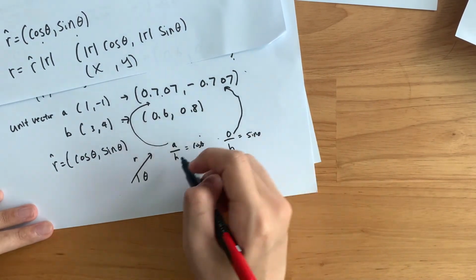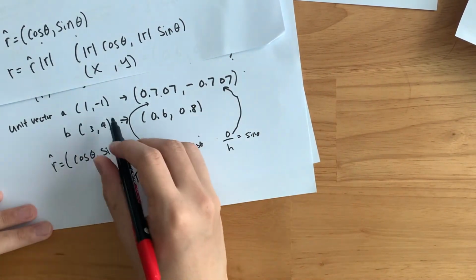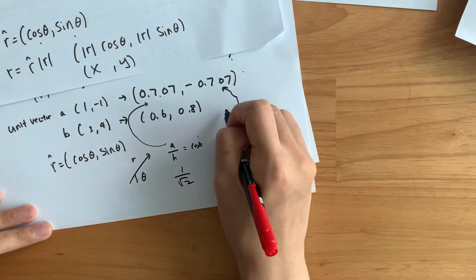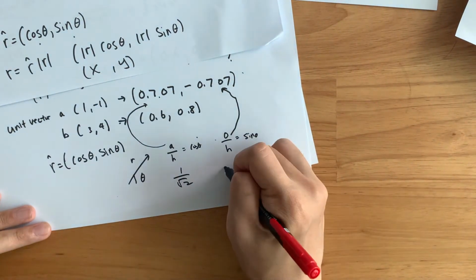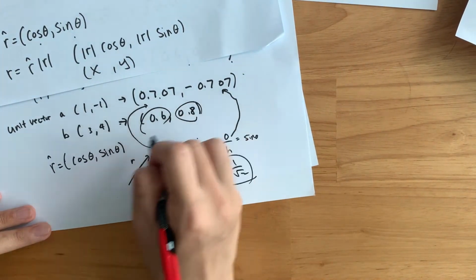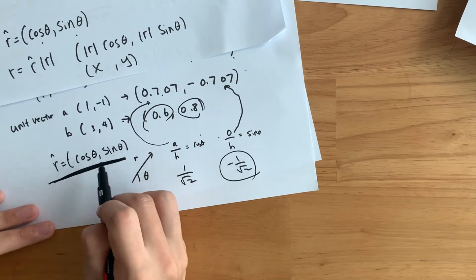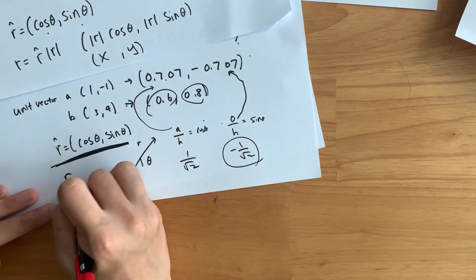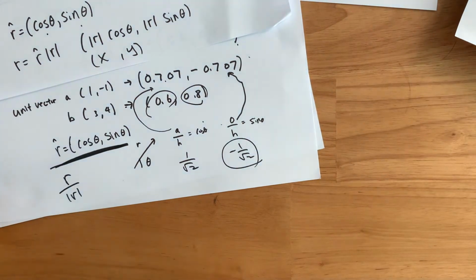So basically it's just 1 over square root 2, and this one was negative 1, so it's negative 1 divided by something like this. So this one is just this, and you can just find it using r divided by r.